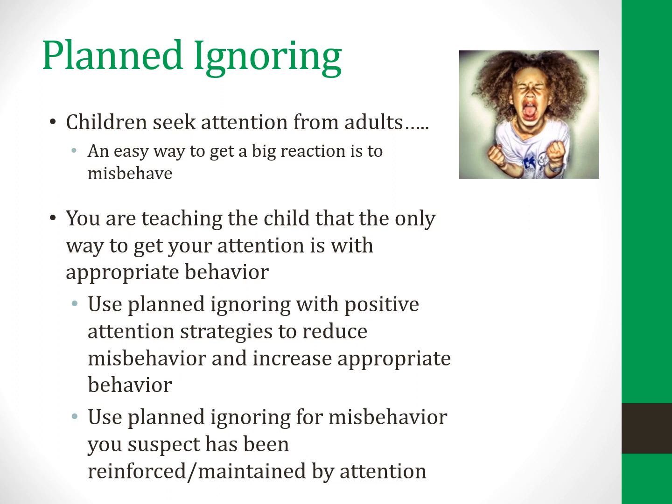If it's not that important for us to respond to, and in particular for me, if it's not aggressive or going to destroy property or something like that, I'm going to do my best to ignore that and let it go. Because if I respond to it, if I give feedback to it, then I've got to balance it out with these 5 praises, right? Which is a lot. So really trying to use planned ignoring.